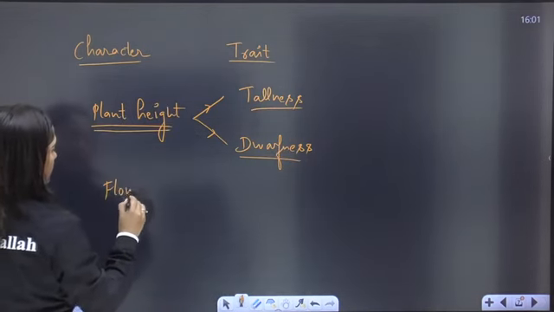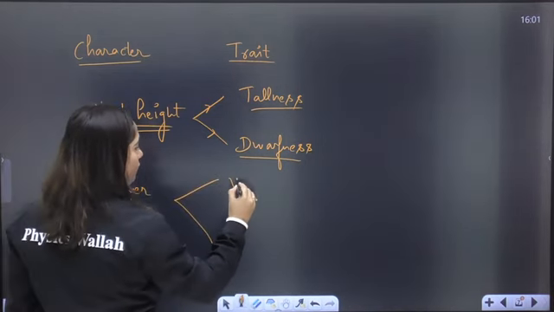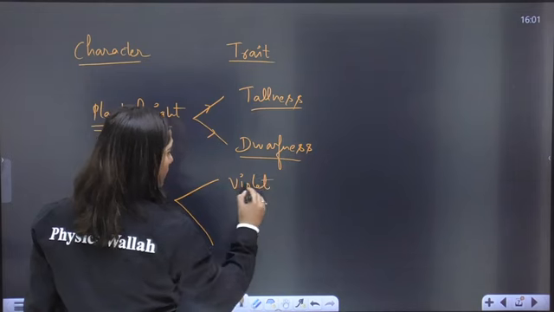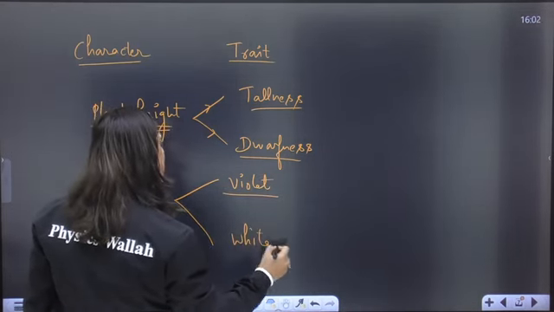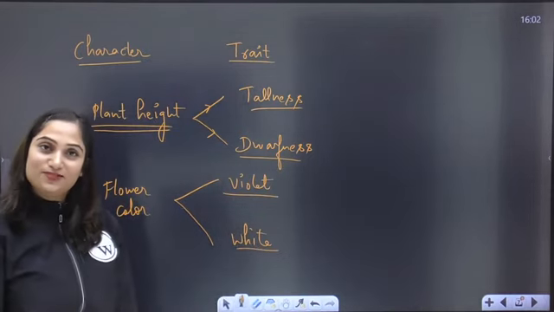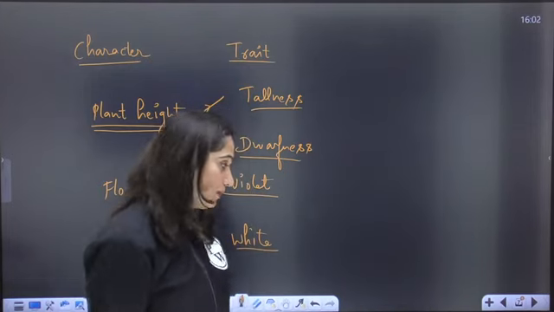Likewise, I can take the example of flower color. Violet flower, being violet in condition, is a trait, and white is also a trait. So this is the difference between a character and a trait.